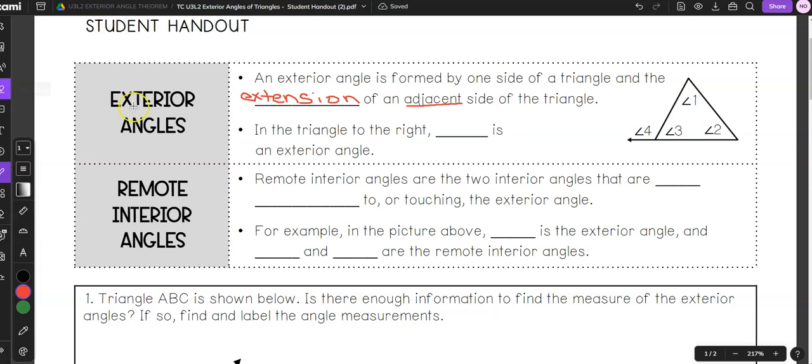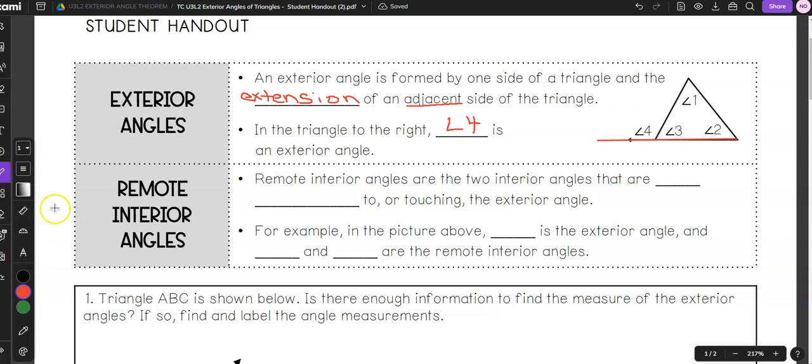In the triangle over here, angle 4 is considered an exterior angle. Okay, and the way an exterior angle is formed is this. If I took one side of the triangle, like this bottom side, and I extend it like this, that forms an exterior angle.